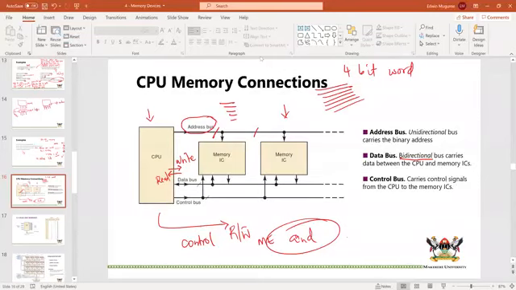By the way, sometimes there are 2 enable inputs, like chip select and chip enable, for instance, and both of these need to be in their active state for the memory to be enabled.